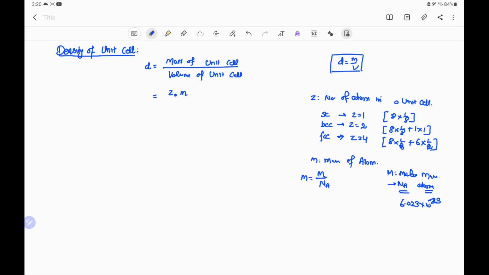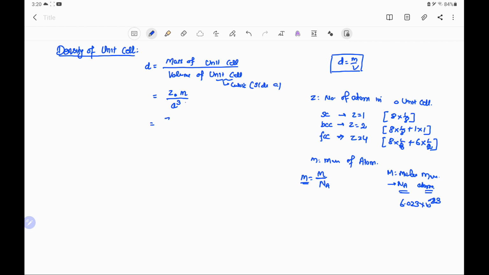That means the mass of 1 mole divided by the number of particles in 1 mole gives the mass of the atom itself. This is divided by the volume of the unit cell, and we have taken a cubic unit cell, and this cubic unit cell has side A, so the volume will be A cube.